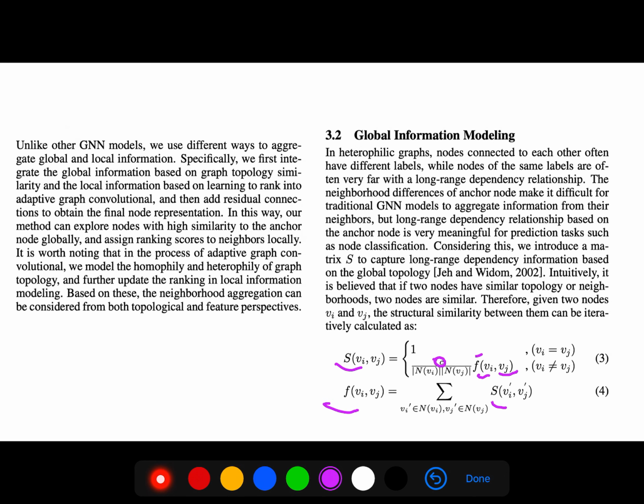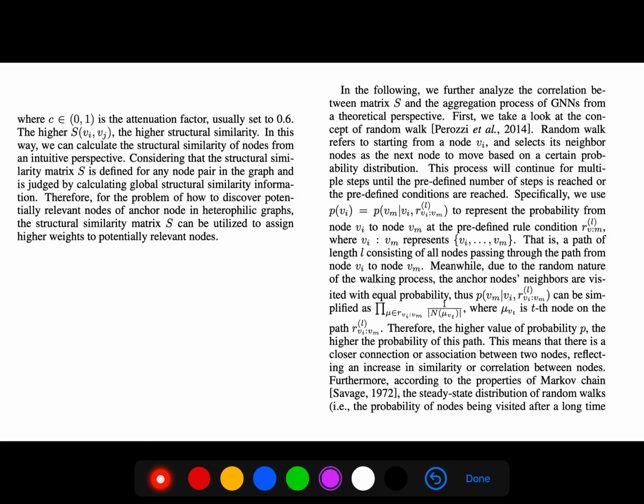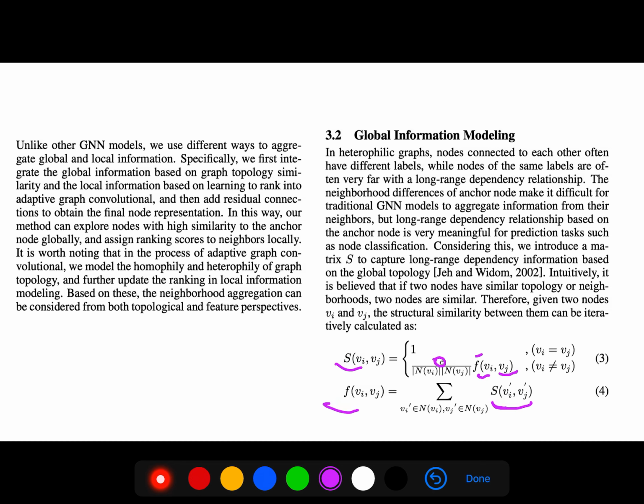So the higher this S is, the higher the structural similarity. Look, for every V sub i, V sub j, we look at the neighbors of them.